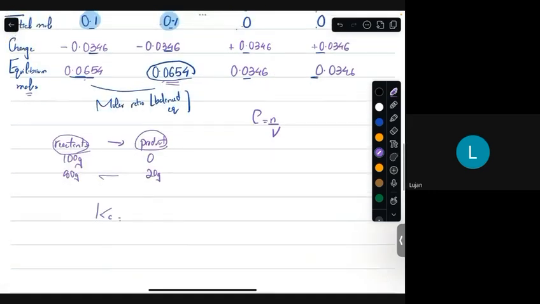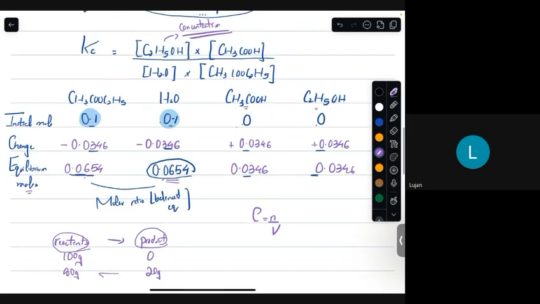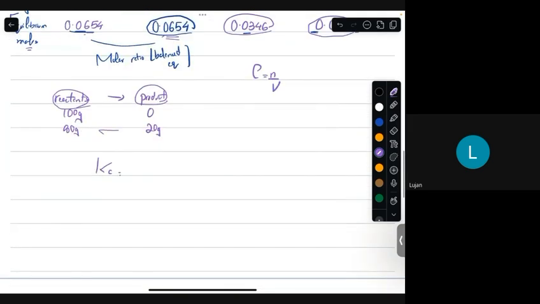So what is the concentration of the two products? Because on the numerator, we have the two products that are being multiplied. It's 0.0346 times 0.0346, right?